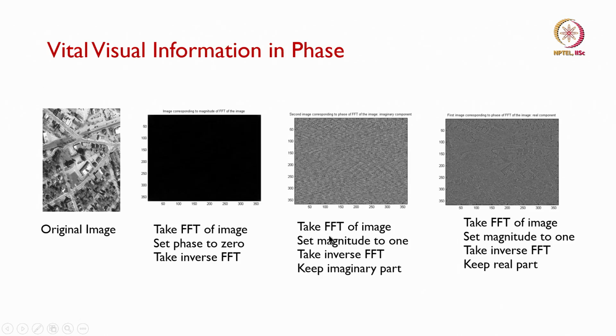Whereas if you take the FFT of the image, set the magnitude to 1, take the inverse FFT and keep the imaginary part, this is how the imaginary part looks, and this is the real part if you take the IFFT. Combined, they give us the original image.